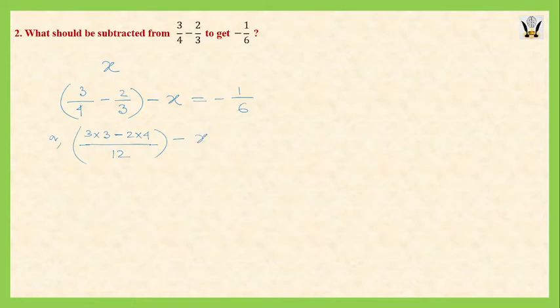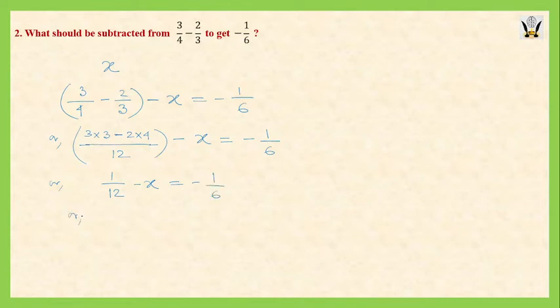Then from there we will subtract x, and finally we will get minus 1 by 6. Here the result of subtraction will be 9 minus 8, so it will be 1 divided by 12. From there we subtract x, and then it will be minus 1 by 6.